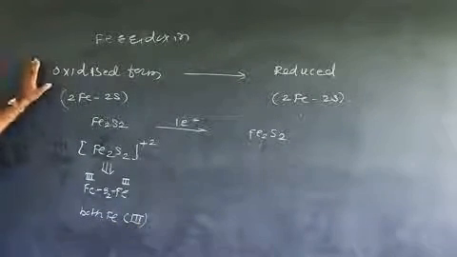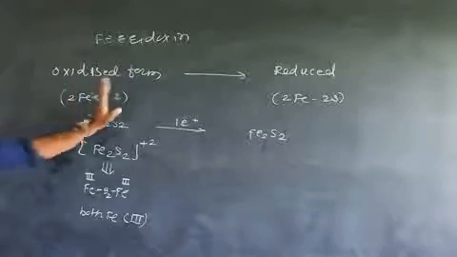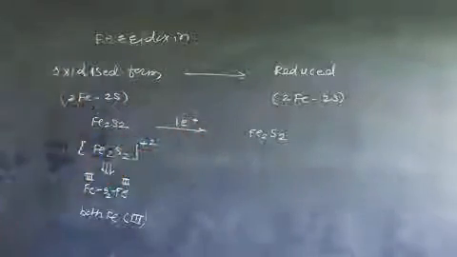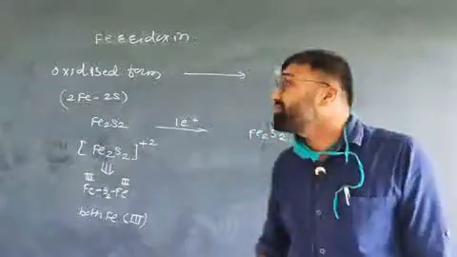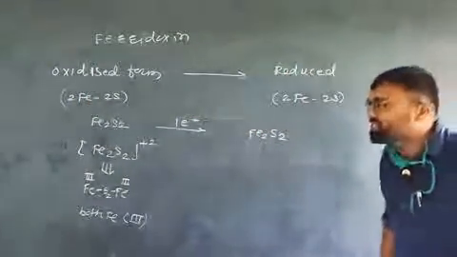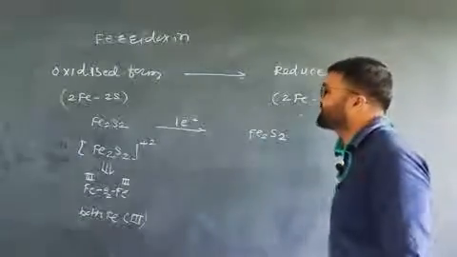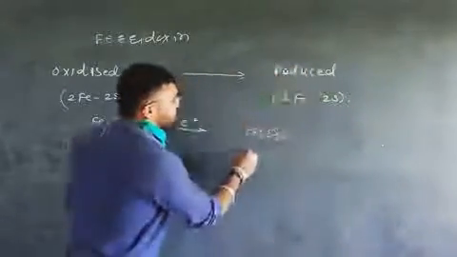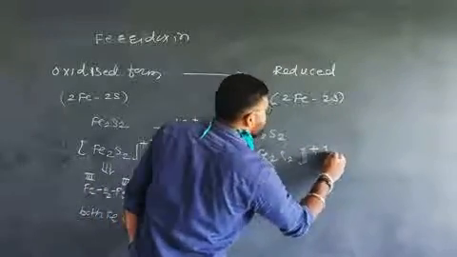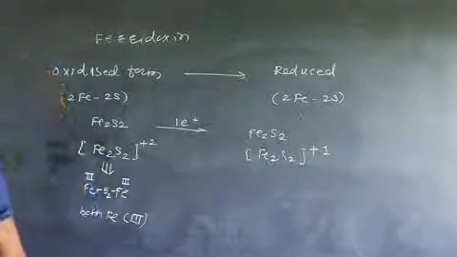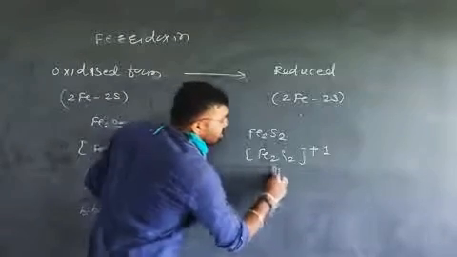It is the oxidized form. When it gains one electron during this process, what changes take place inside the structure? This complex now has charge +1 because one electron is gained.